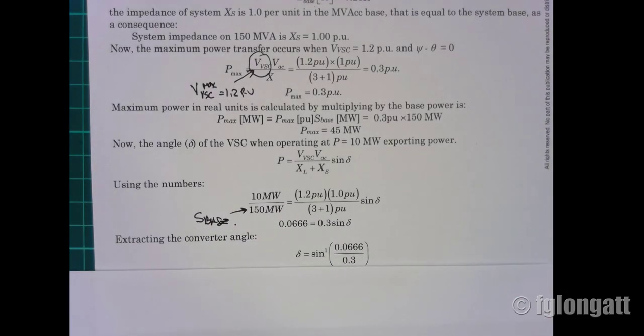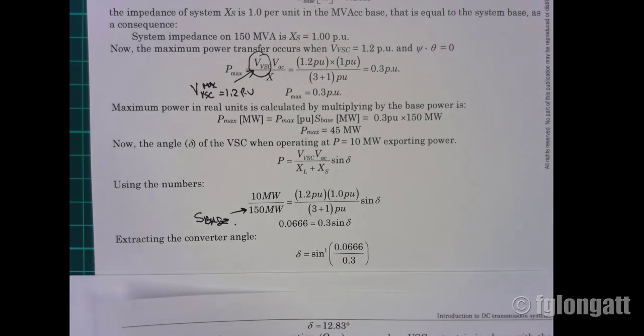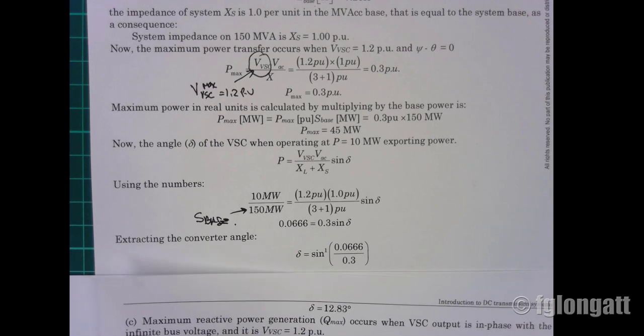We obtain that the angle can be obtained by removing from there delta, and as you can see over there, we obtain 12.83 degrees, okay? That is the angle that you need inside the converter in order to deliver 10 megawatts when the internal voltage is 1.2 per unit, okay?